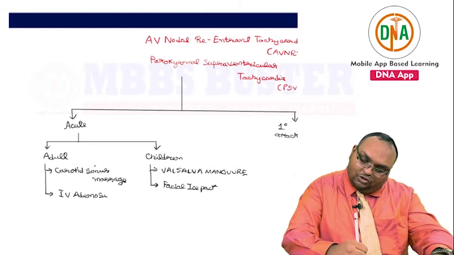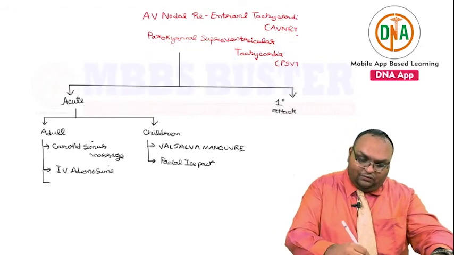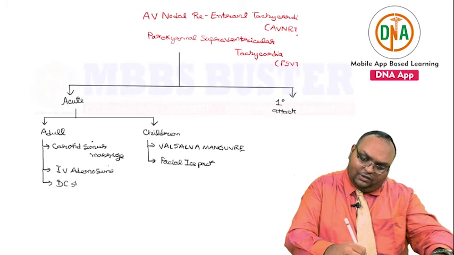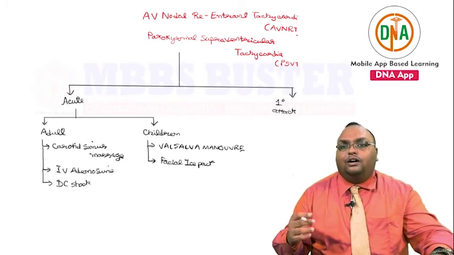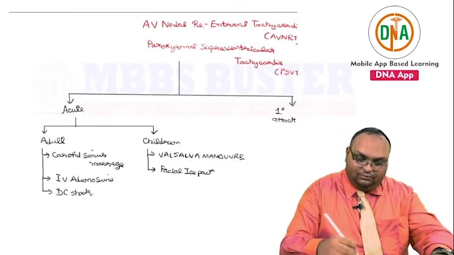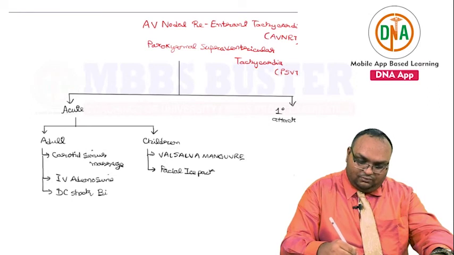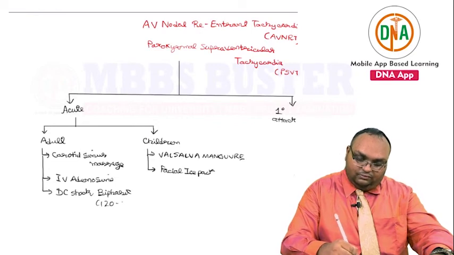You might not know the dose, but usually it's a 6 mg or 12 mg shot, and then of course you can go in for a DC shock of around 200 joules. Usually the range is given as 120 to 200 joules. A biphasic shock can be given. So you can go for that. DC shock, biphasic, usually 120 to 200 joules.